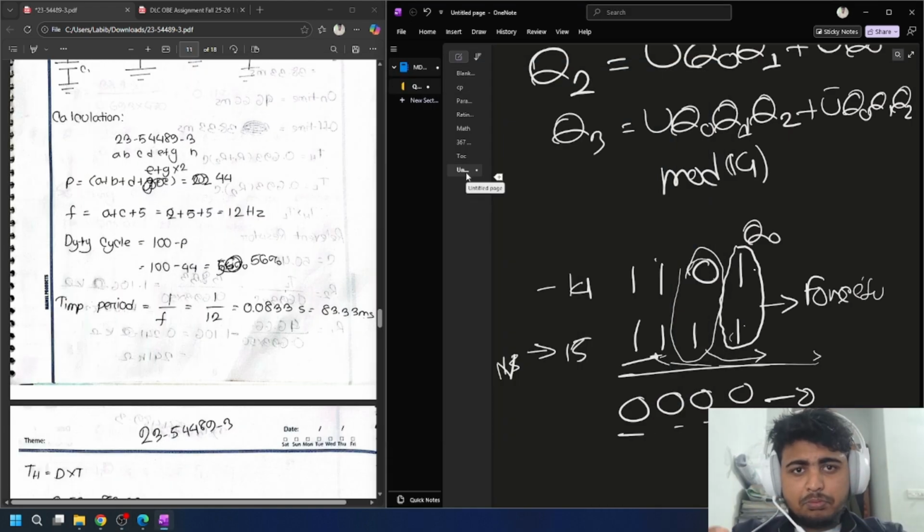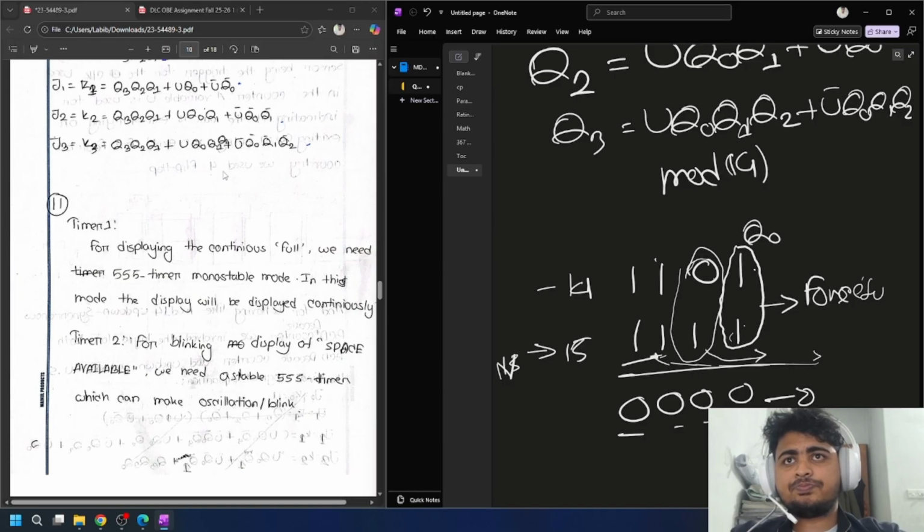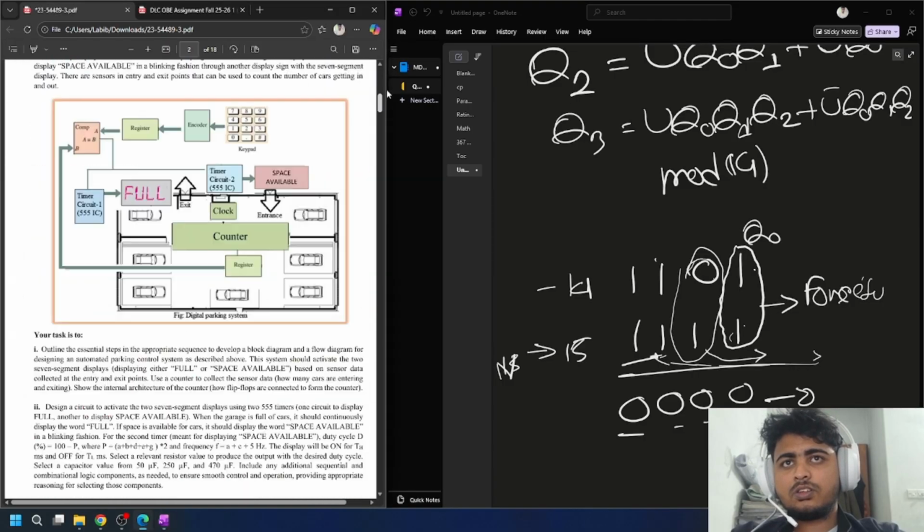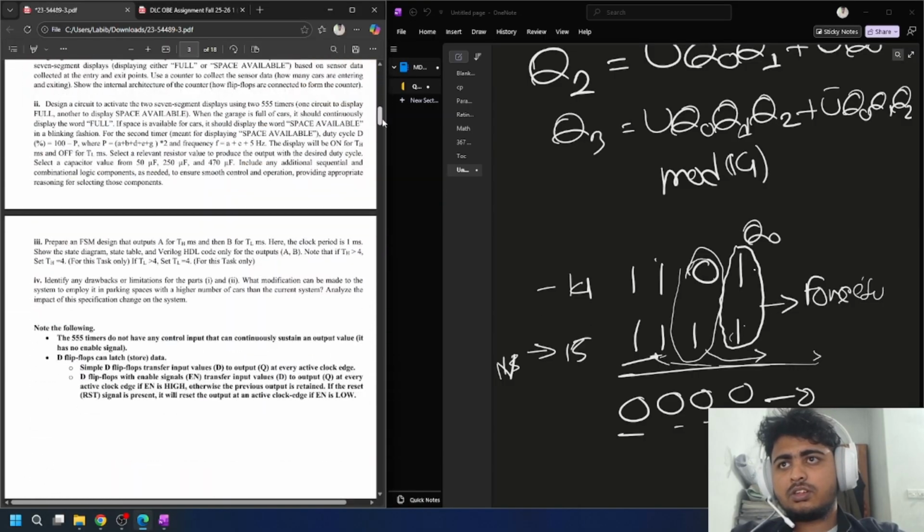Okay, for the second part of the video, this is where we need two timers, and we need to show a display sequence. That means whether the parking lot is full or if there is space available.